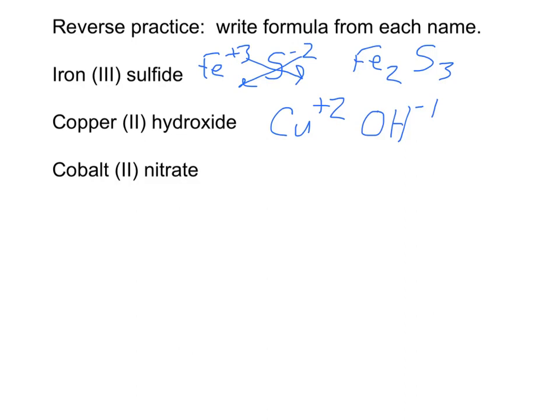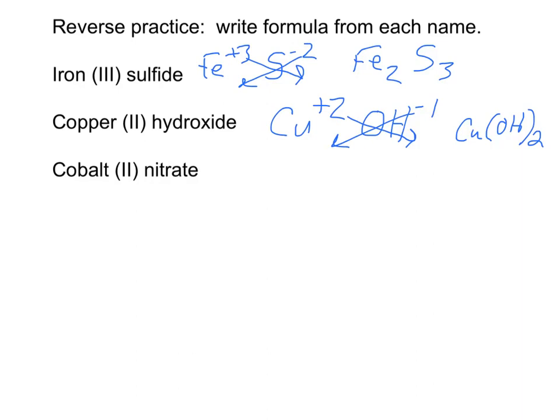So it's not CuOH2, it's Cu(OH)2. That way you understand that you don't have 2 hydrogens and 1 oxygen. It is 2 hydroxyl groups. Very good point. We're going to have to do that on the next one as well. Yes, and you don't ever change the subscripts on a polyatomic when you do these.